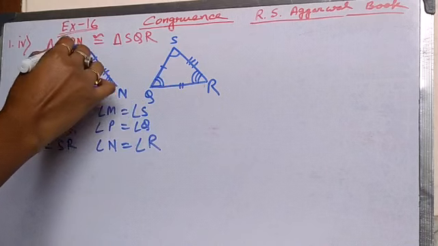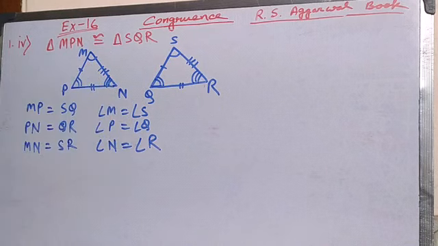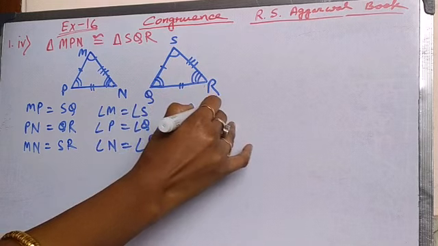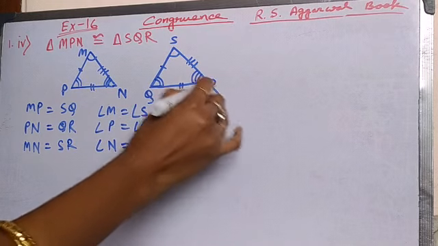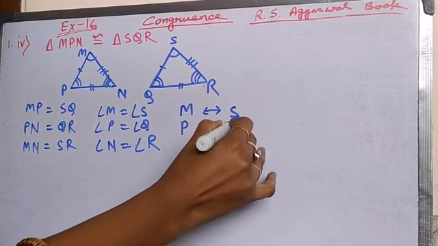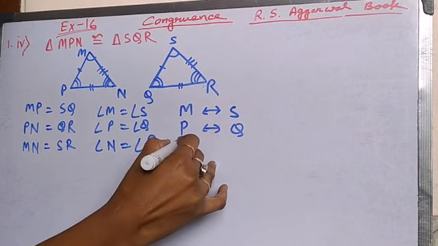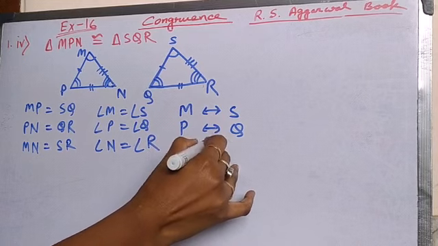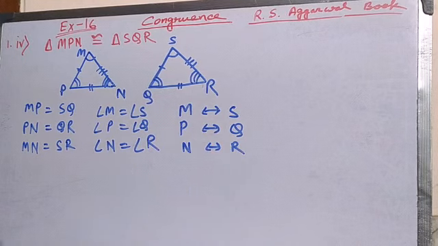The vertices are M, P, N. So M corresponds to S, P corresponds to Q, and N corresponds to R. So these are the appropriate answers.